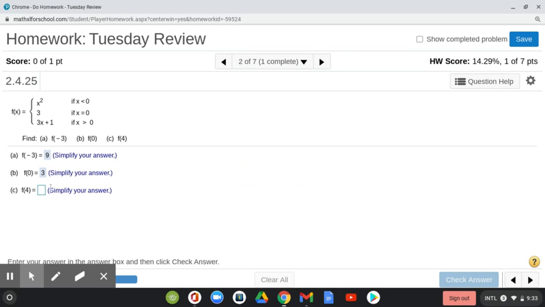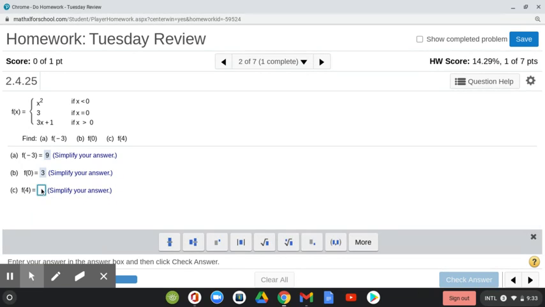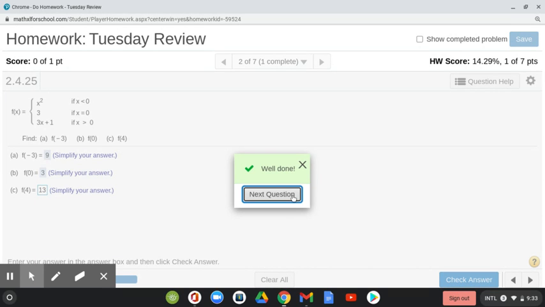And then if x is 4, then f of x is greater than 0. So 4 times 3 plus 1 is 12 plus 1 is 13. So you have to know what particular piece of domain it's in and then find the solution.